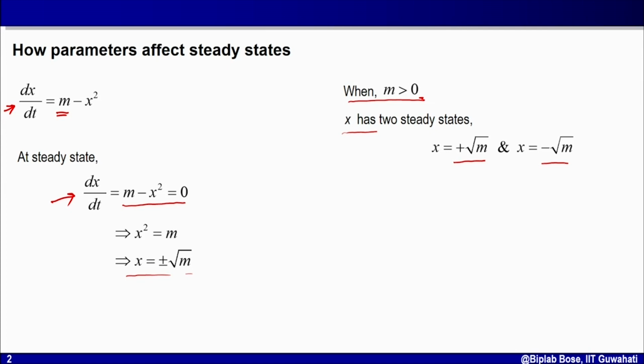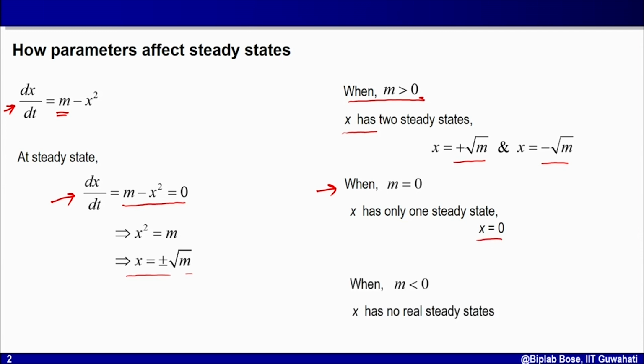So, if m equal to 16, then one steady state will be plus 4, the other will be minus 4. What if m equal to 0? Then I have only one steady state, that is x equal to 0. What if m is less than 0? In that case, the thing under the square root is negative. That means I do not have any real solution here.